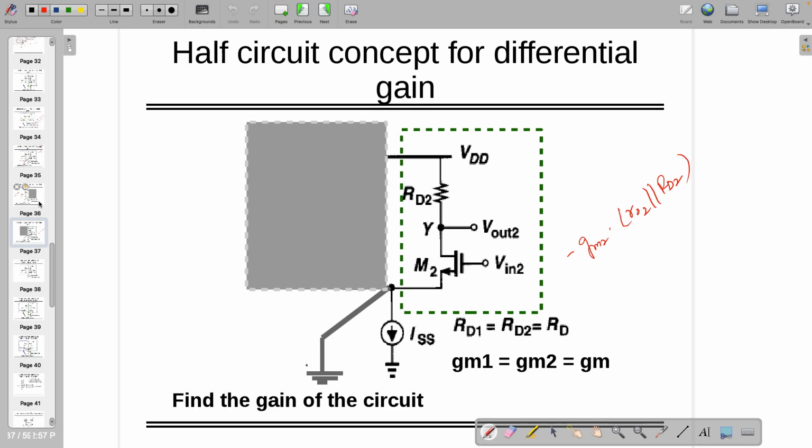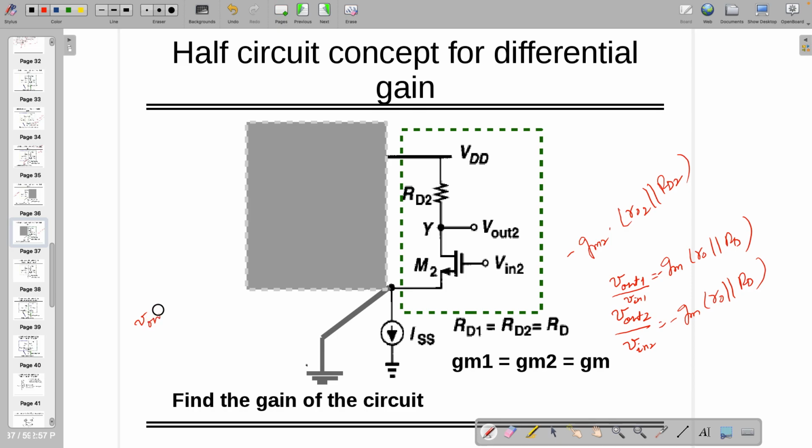So if that is the case, can you take the subtraction or addition of both quantities and let me know what is V out by V in? One gives V out 1, the other gives V out 2. V out 1 by V in 1 and V out 2 by V in 2 give this quantity. Let's call this GM RO in shunt with RD. Here also it is minus GM RO in shunt with RD. Can you take the subtraction?